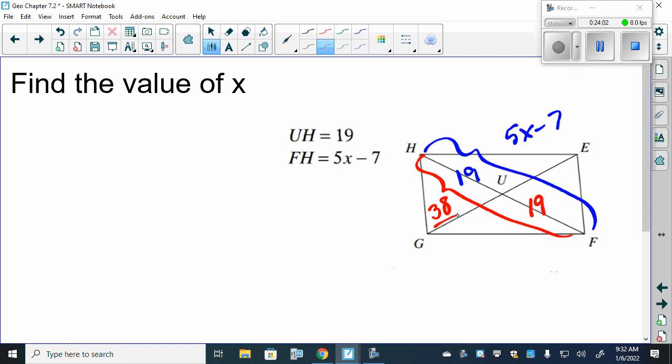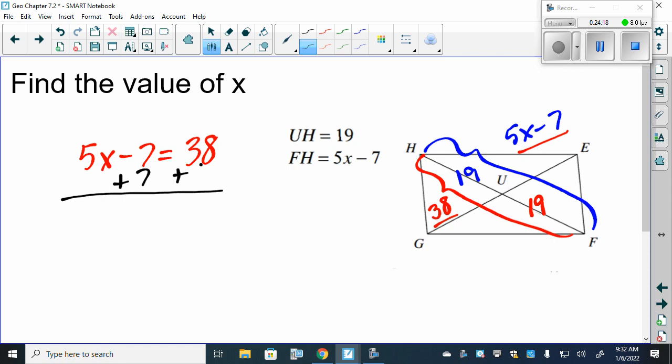Well, what did they tell us? It is also 5x minus 7, so 5x minus 7 is equal to 38. First thing we can do is add 7 to both sides, which tells us that 5x is equal to 45.